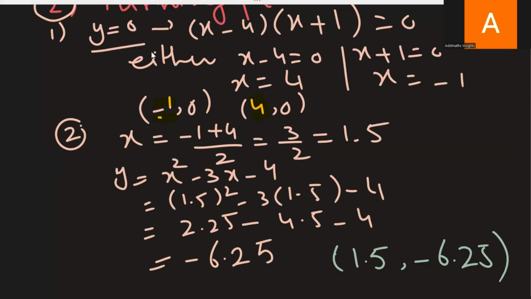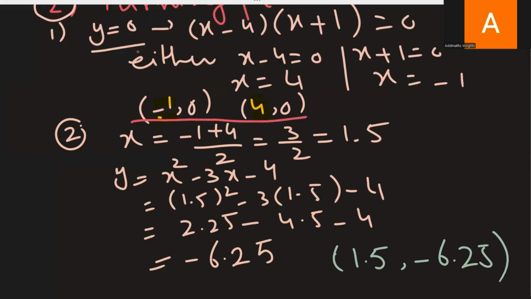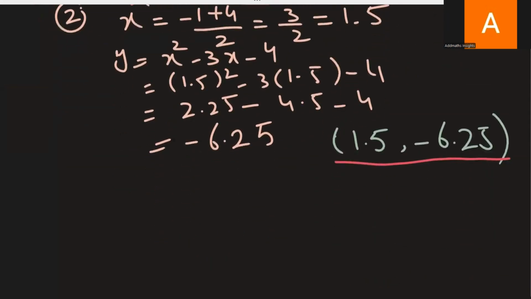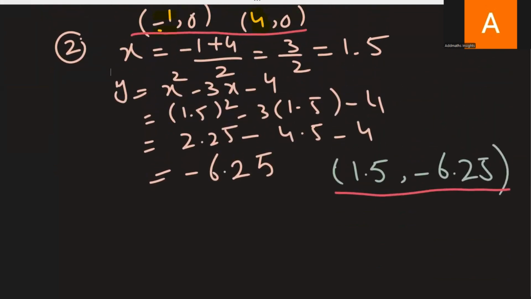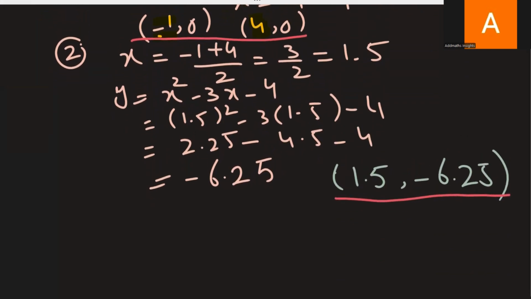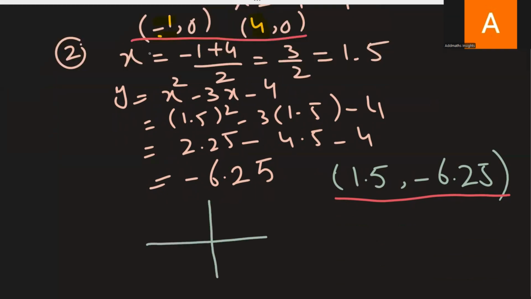Now you will use these two points and this point, which is the turning point, to sketch the graph. Minus 1, 0, 4, 0. So first we will draw the axes. 0, minus 1, minus 2.